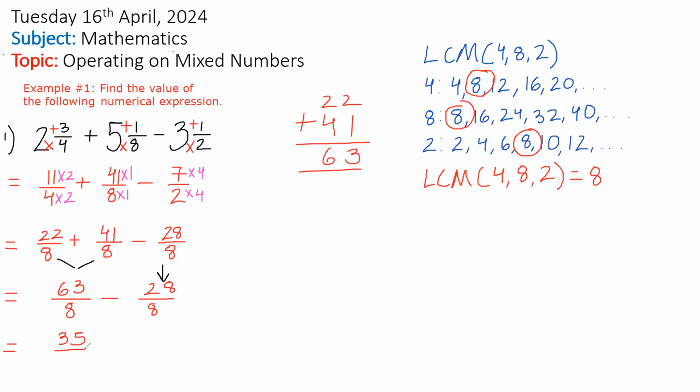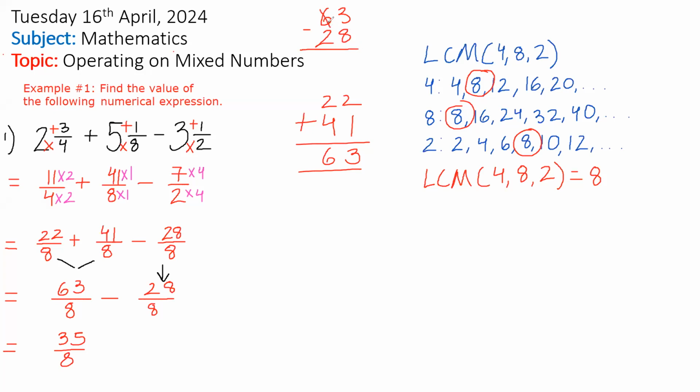Again, the way we got 35 over 8 is because we subtracted, right? What did we subtract? 63 minus 28.